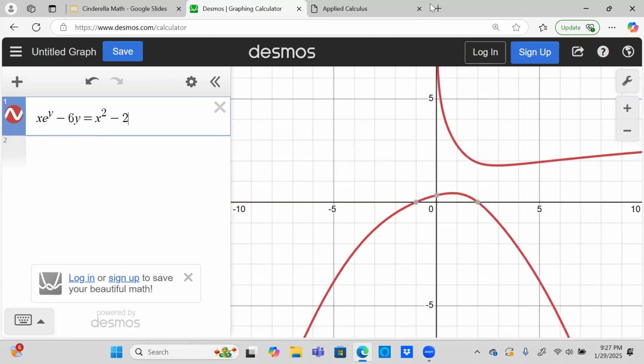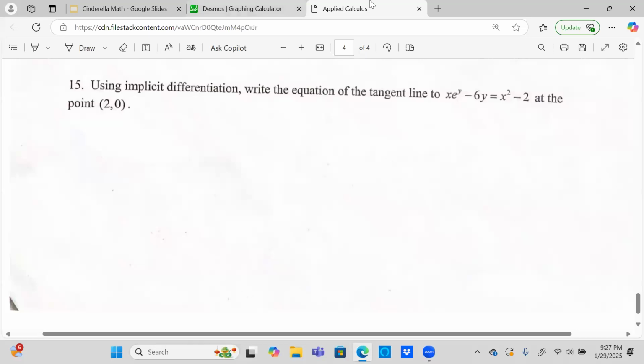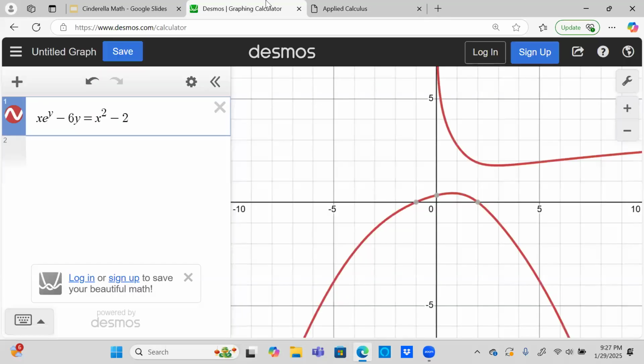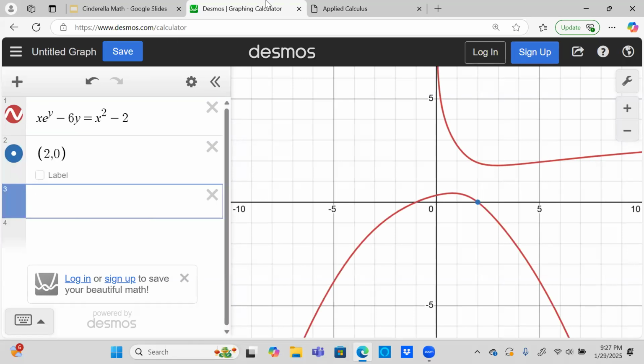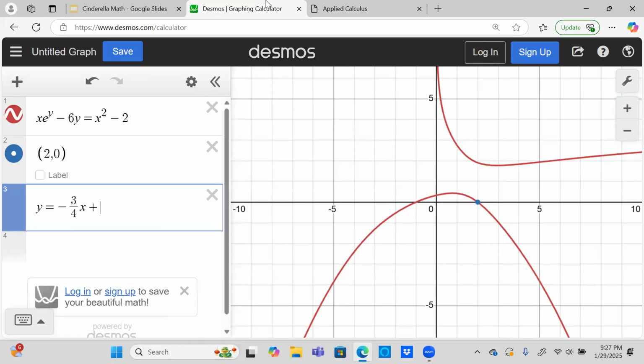Let me make sure that was correct. Okay, and then we are looking particularly at the point 2, 0. There he is. And we got for our tangent line, y equals negative 3/4 x plus 3/2. And there it is. We're correct.